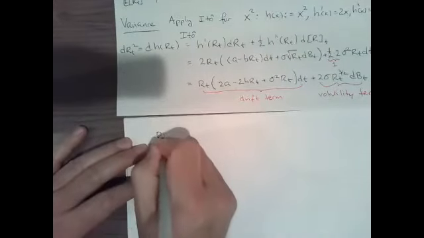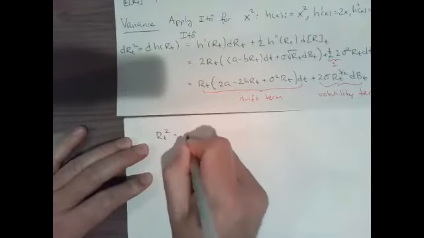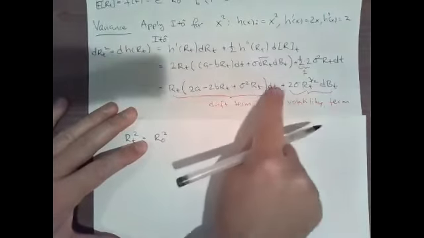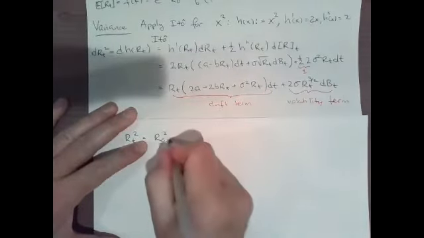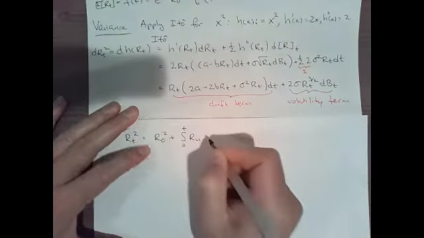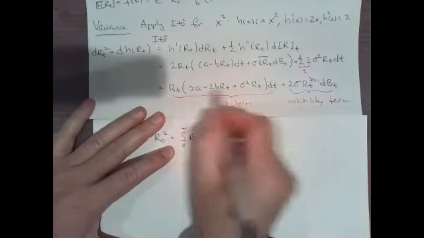Write it out in integral form, I'll get R_t squared is equal to the initial value, R_0 squared. And then the 2 integrals, there will be a dt integral and a Brownian motion integral. So I have to integrate all this up.